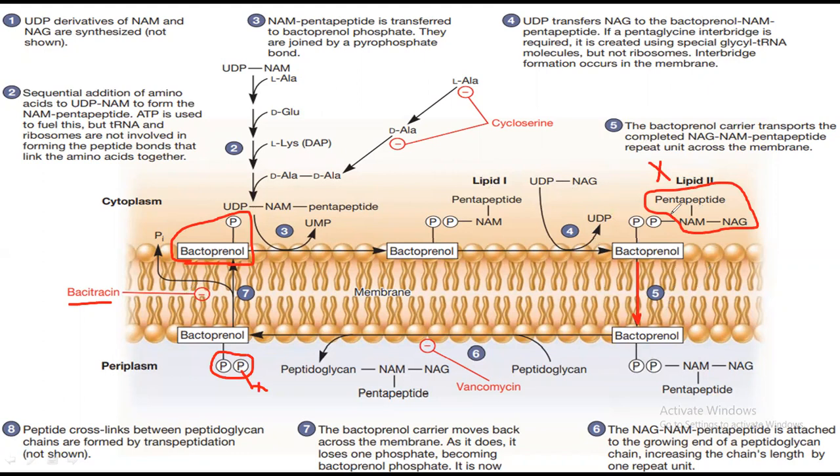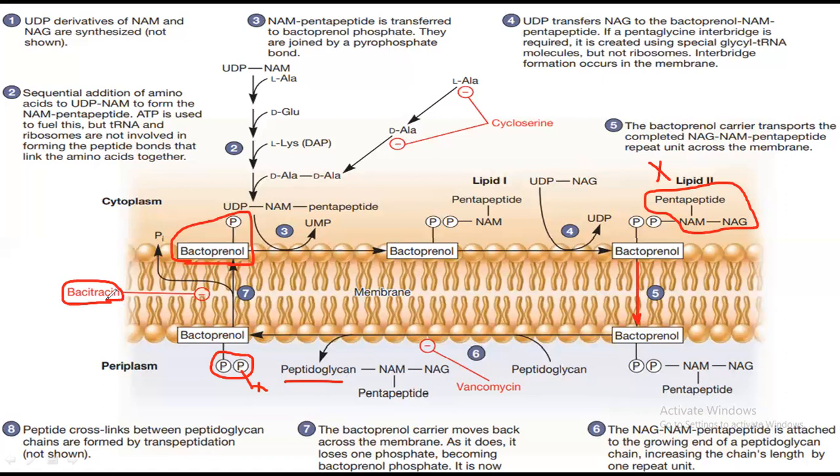So we will not be having sufficient repeat units, and there will be no addition of the repeat units to the peptidoglycan layer, and the bacteria will not be having sufficient peptidoglycan, and it will die. Okay, so this is the action of bacitracin.